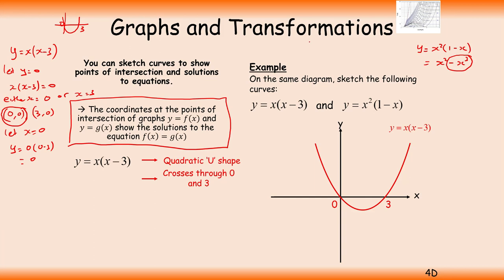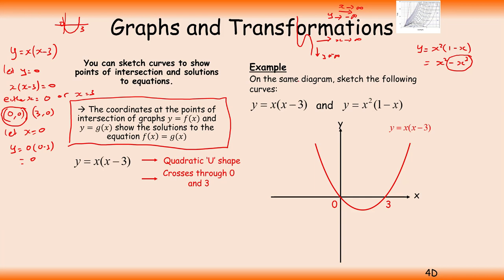That tells me that as x tends to infinity, as x gets infinitely large, y will tend to minus infinity very, very quickly because it's cubed. So the graph is going to be a cubic that looks like that, because as x gets larger, y tends to negative infinity very rapidly.